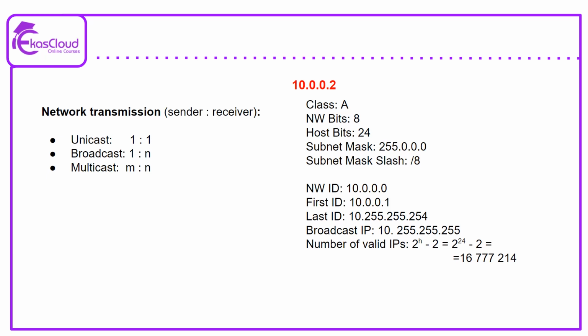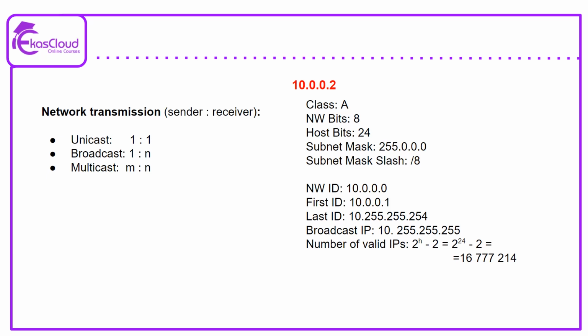The network ID is going to be 10.0.0.0. The first ID will be 10.0.0.1, but the last ID is 10.255.255.254, not 255, because that one is reserved for the broadcast IP, which is 10.255.255.255.